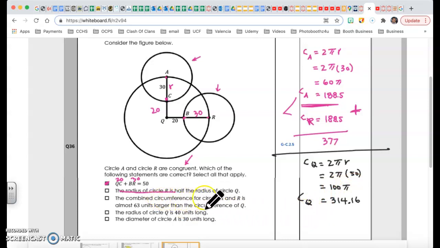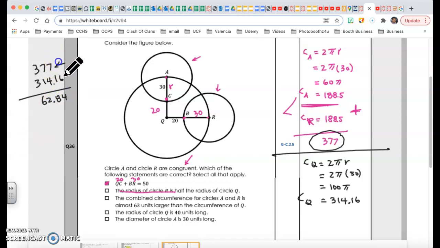Let's go back. The combined circumference for A and R, that combine 377, is almost 63 units larger. Let's find out how much larger it is. The way to know it is by subtracting 314.16. If I subtract that, 377 minus 314.16, I got 62.84.